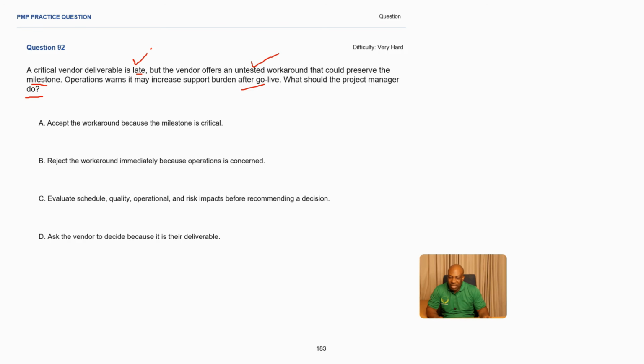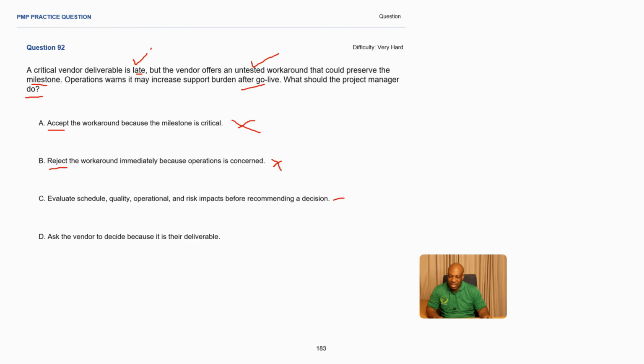A, accept the workaround because the milestone is critical. You don't just move on to accept. You need to analyze and understand exactly what is going on with this new untested workaround, making this an incorrect answer. B, reject the workaround immediately because operations is concerned. In a project, you don't rush into rejecting anything. You need to analyze and understand the impact on cost, time, quality, risk, and so on, making this an incorrect answer. C, evaluate schedule, quality, operations, and risk impacts before recommending a decision.